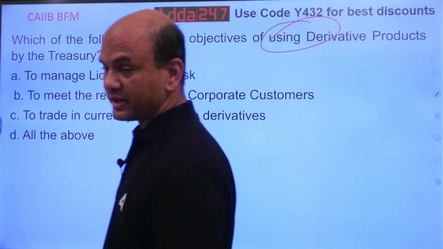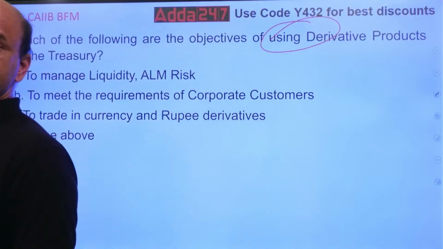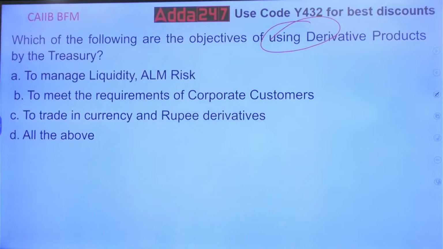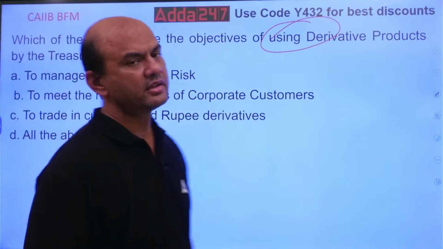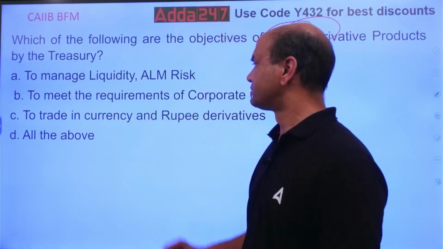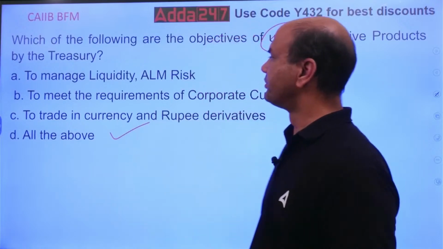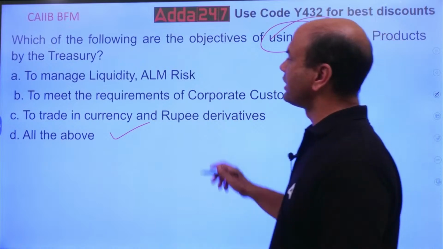So why does the bank treasury use derivatives? The answer is all of the above.